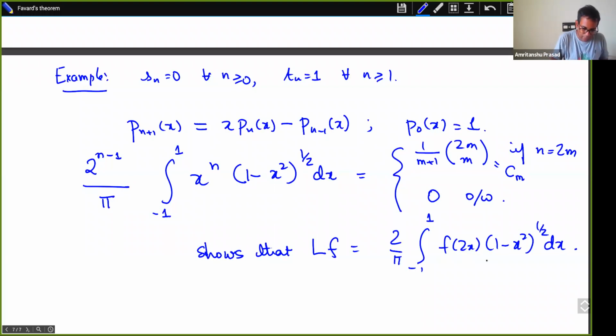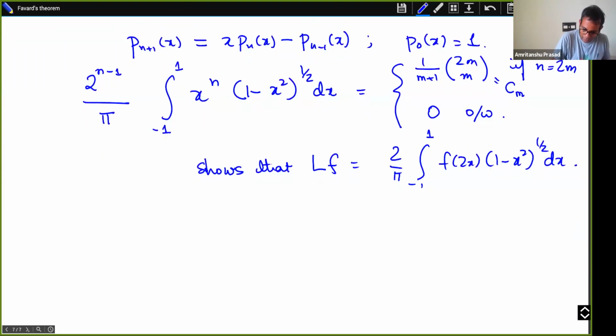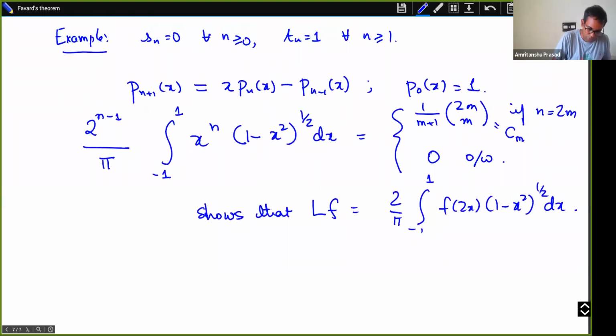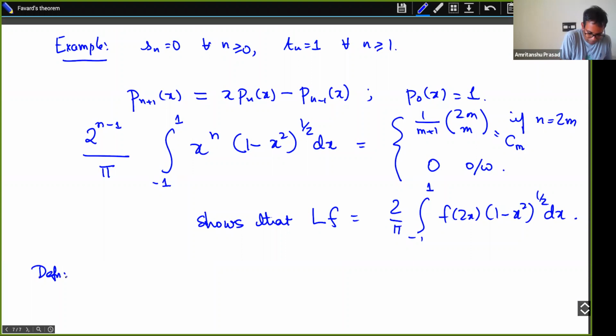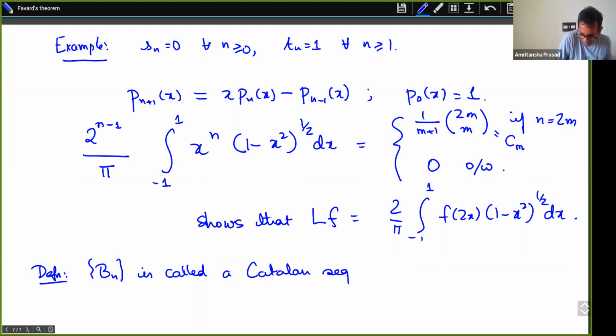So, yeah. And one last thing, I'll answer Raghavan's question. Definition: Bn is called a Catalan sequence, or generalized Catalan number sequence, if it arises from some such that Bn is equal to A M0.